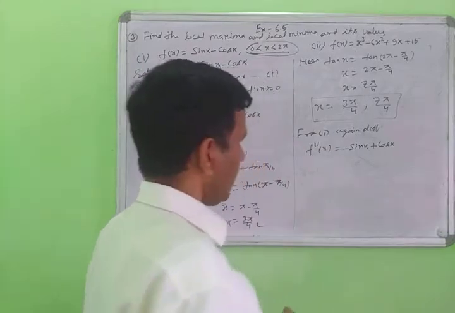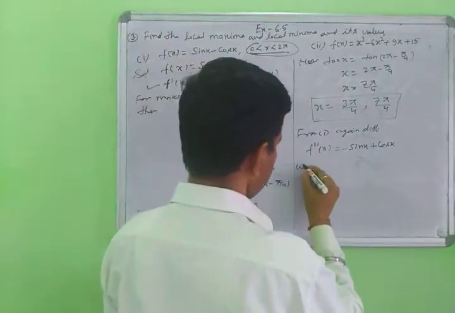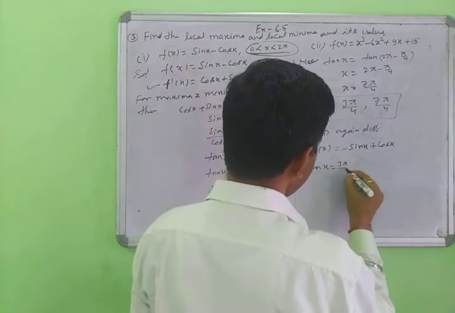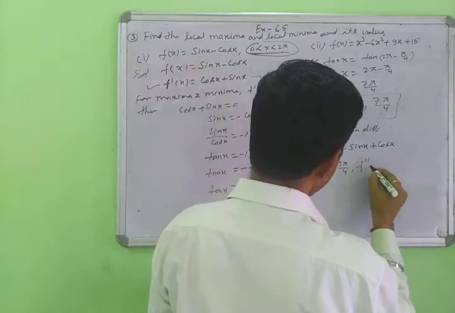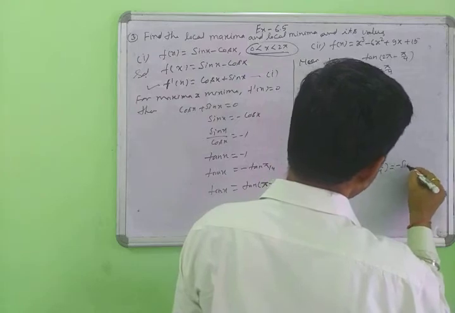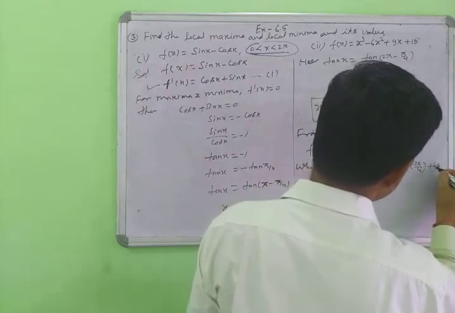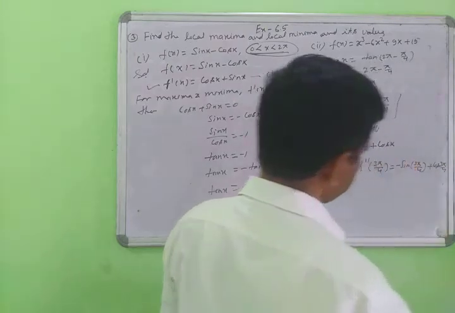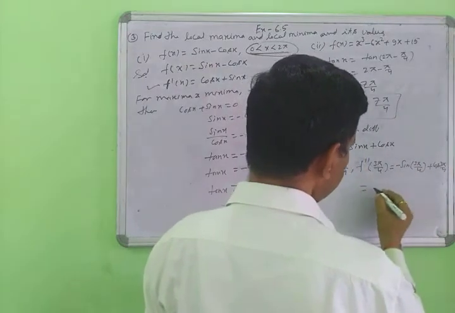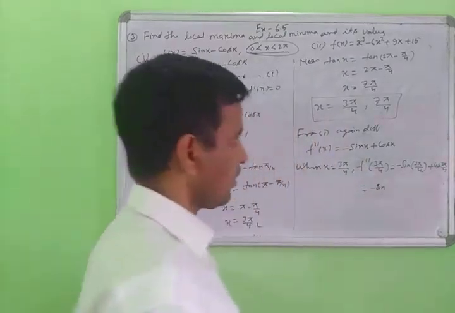Second order derivative. When putting 3 pi by 4 here, when x equal to 3 pi by 4, then f double dash at 3 pi by 4 is minus sin 3 pi by 4 plus cos 3 pi by 4. What is the value of 3 pi by 4?